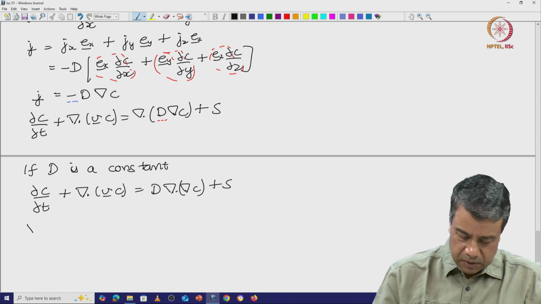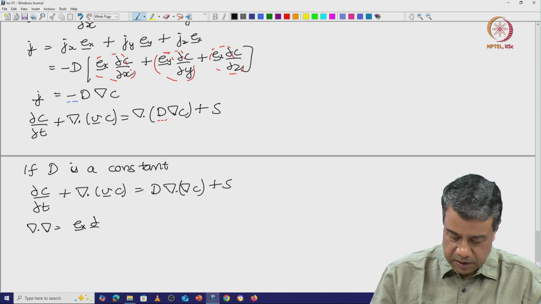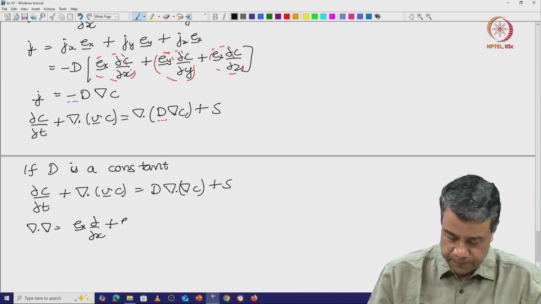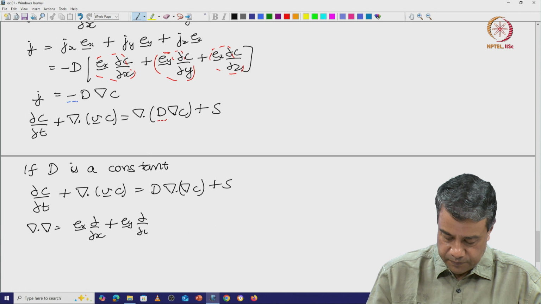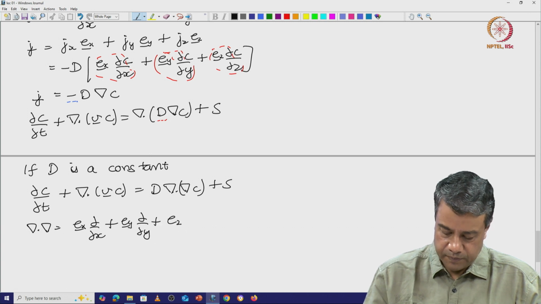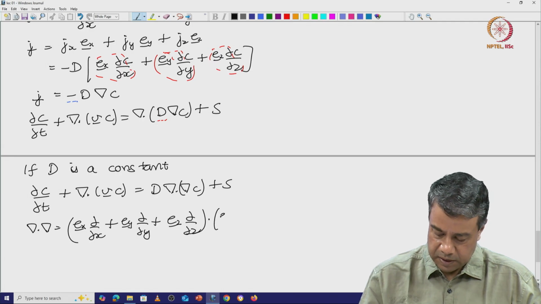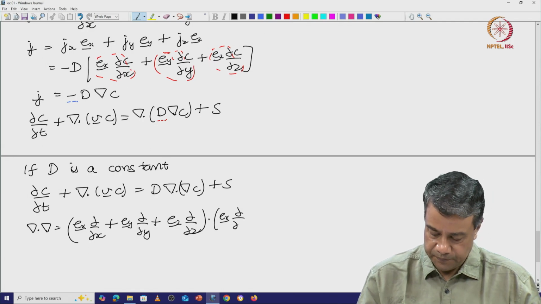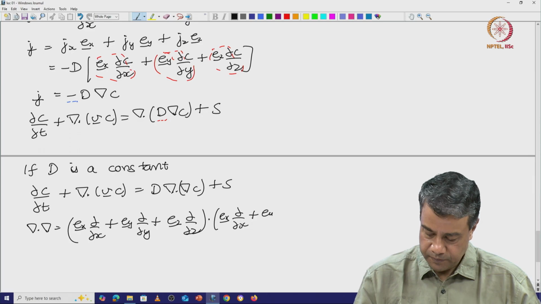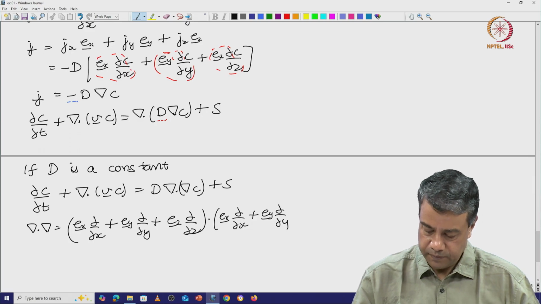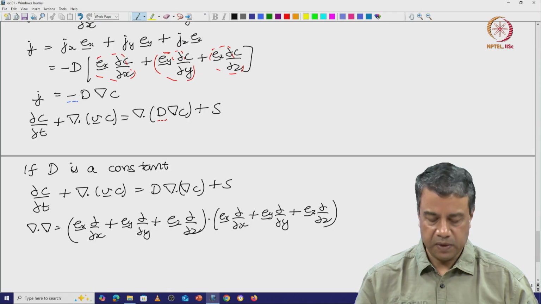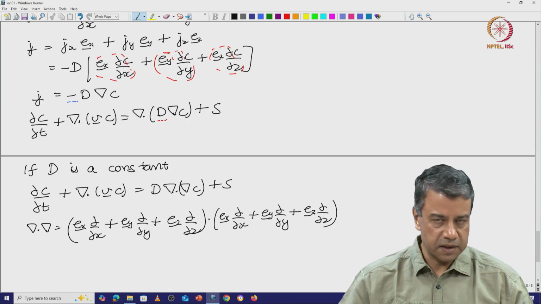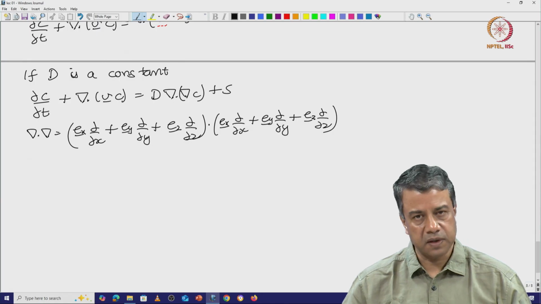Now, that del dot del is equal to Ex d by dx plus and so on, dotted with Ex and so on. Ex dot Ex is 1, Ex dot Ey is 0, and so on.